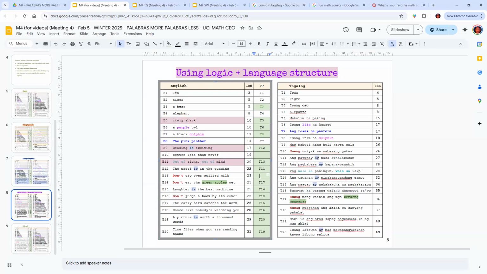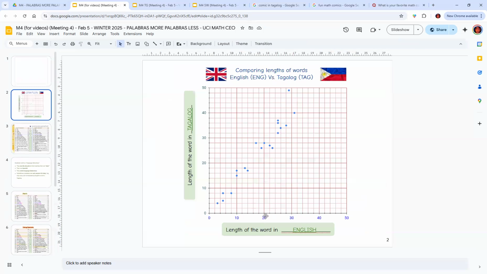So let's look at the graph first, 23, just to check. 20, 22, 23 has length 26.